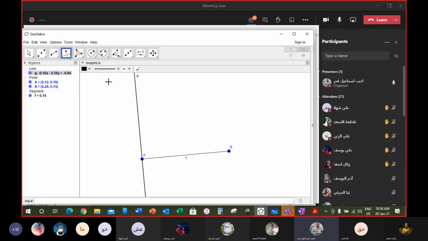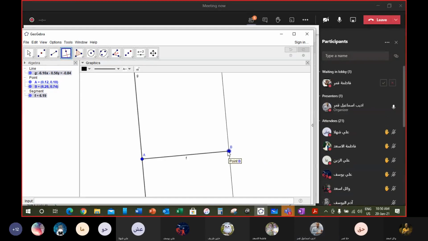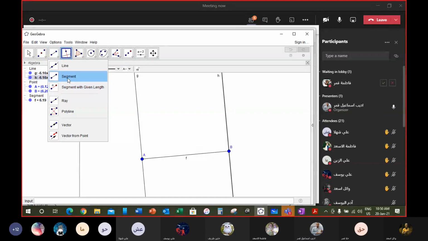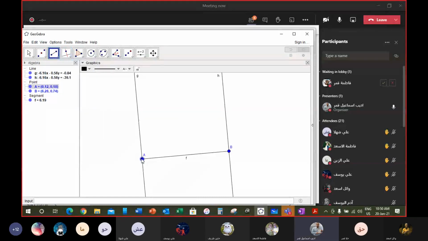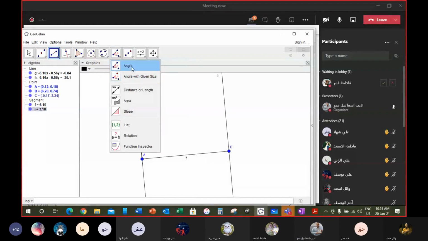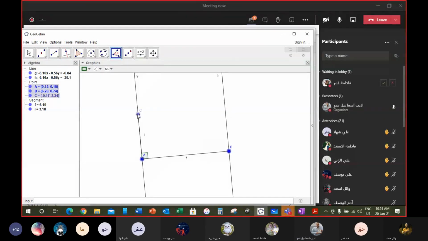Then also perpendicular to AB at B. Then we take another segment on this line. Let's say AC. طبعا دي بدها تكون 90 degrees. BAC is 90 degrees. Then we take a parallel from C.